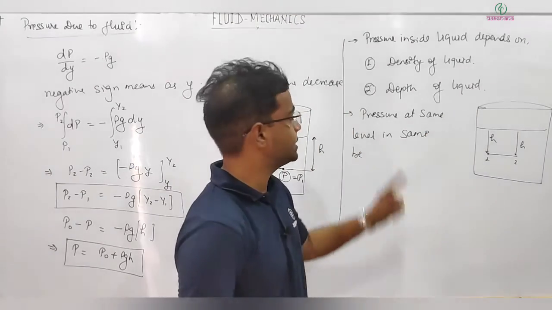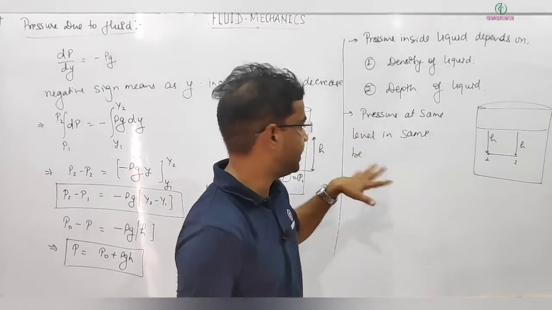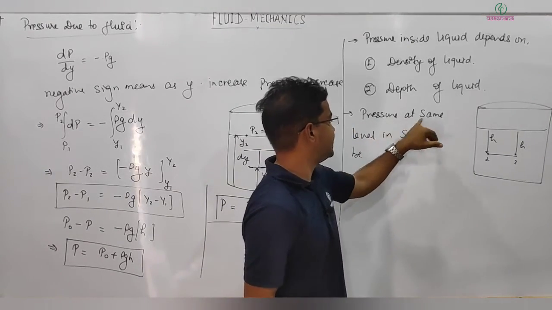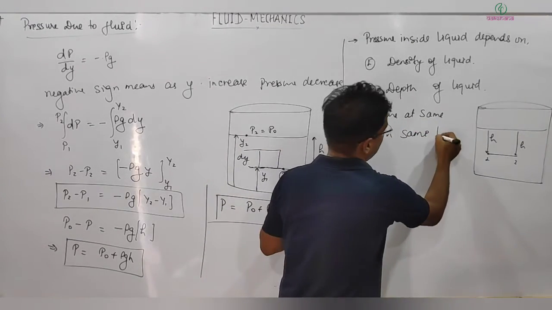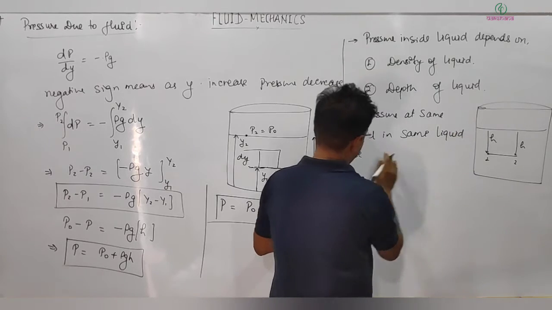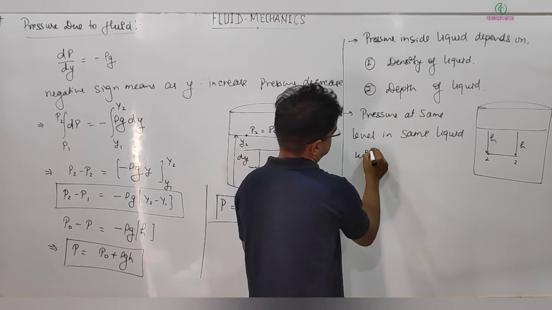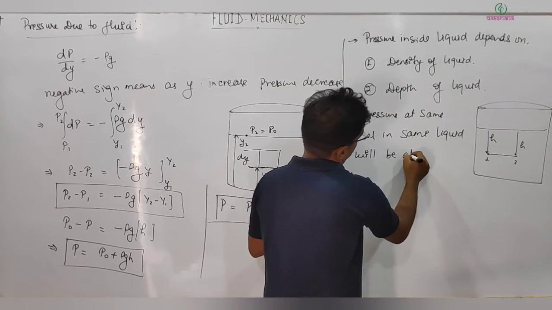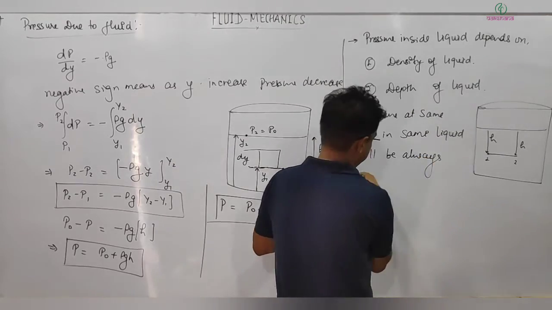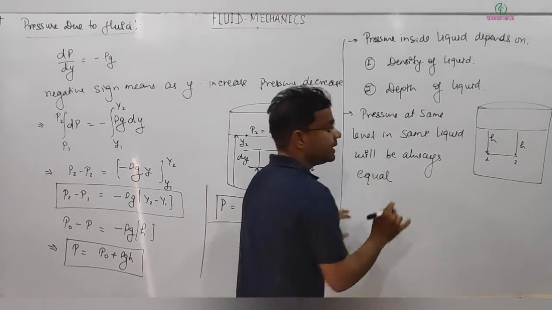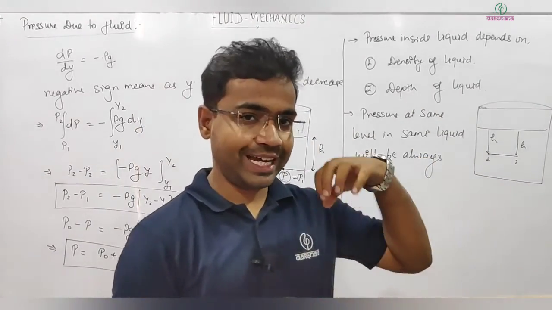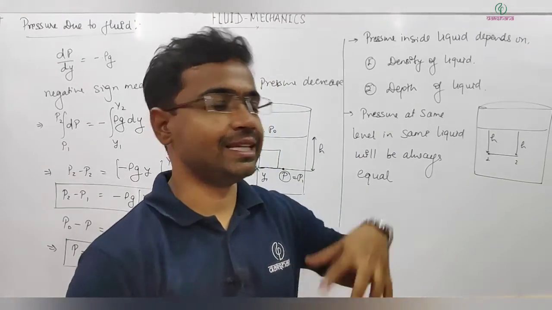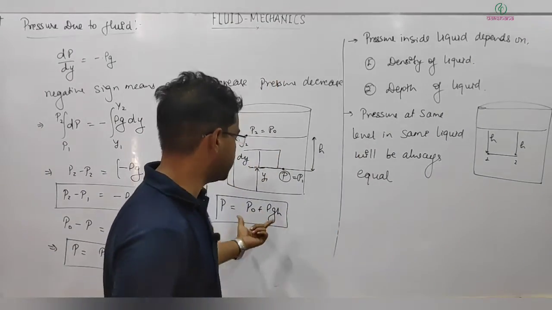In that situation, this condition I need to modify. So based on that, I am writing pressure at the same level in the same liquid will always be equal. Here I am trying to explain everything, how exactly things come, how we got this expression.